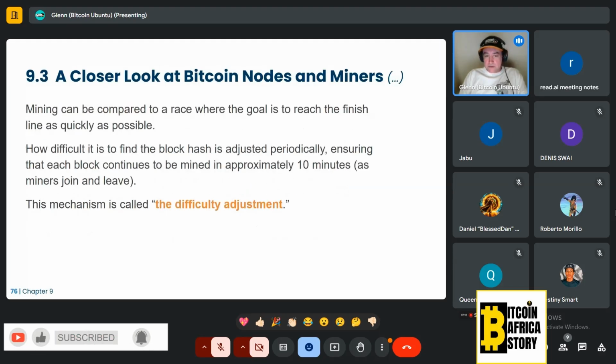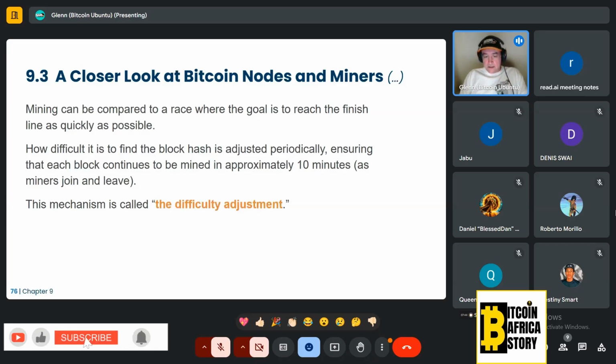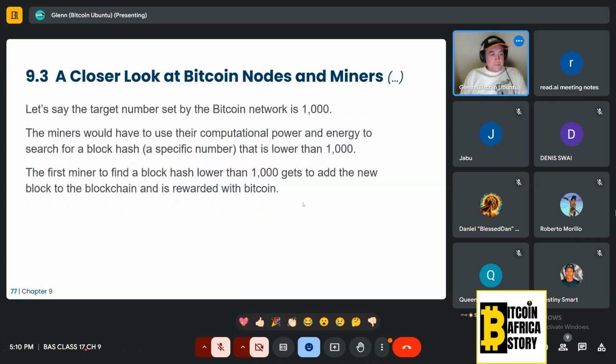Mining can be compared to a race where the goal is to reach the finish line as quickly as possible. How difficult it is to find the block hash is adjusted periodically, ensuring that each block continues to be mined in approximately 10 minutes as miners join and leave. This mechanism is called the difficulty adjustment. And remember, we talked about that in the last lesson when we discussed exactly that problem Daniel asked.